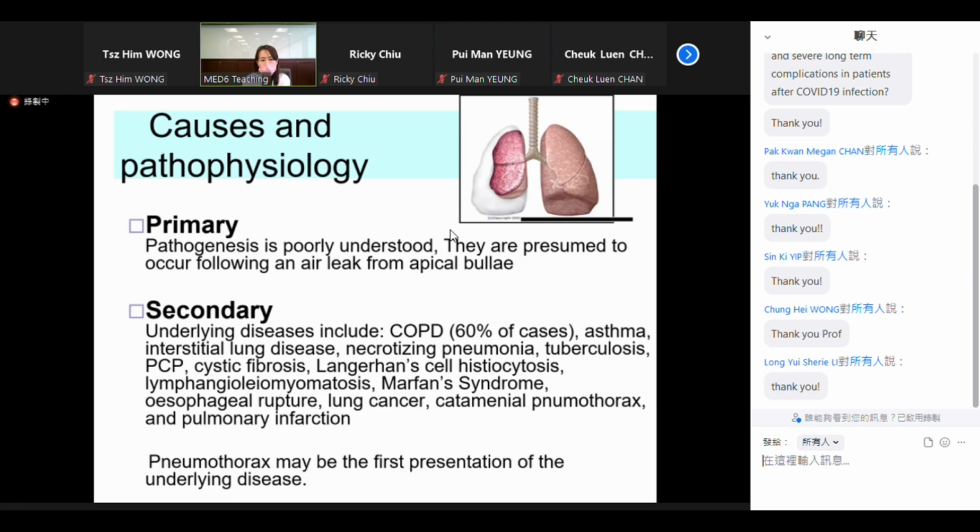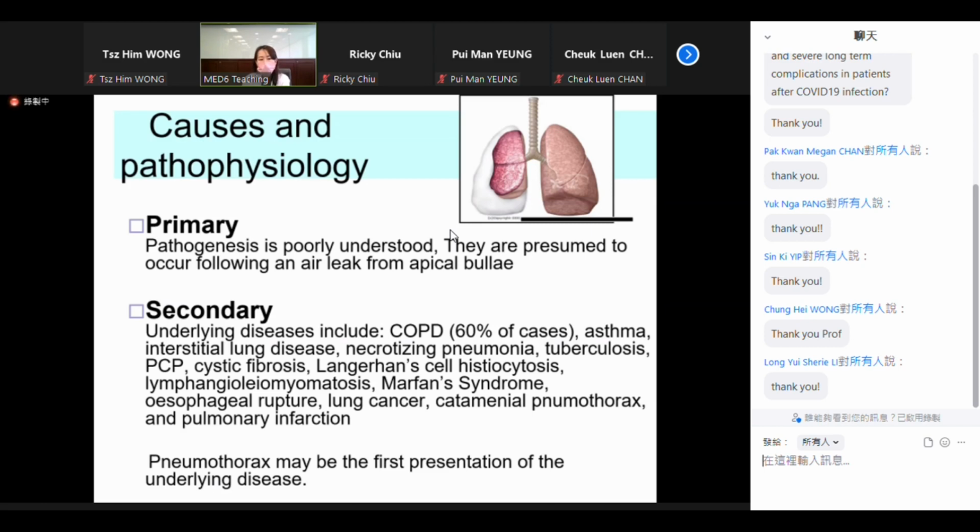For the secondary one, the causes are more defined. It usually occurs in diseased lung. So if the lung has an underlying problem like COPD, asthma, or interstitial lung disease, pneumonia, or tuberculosis.